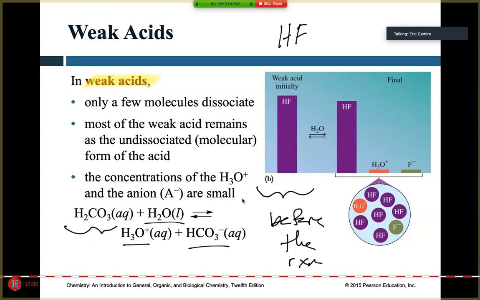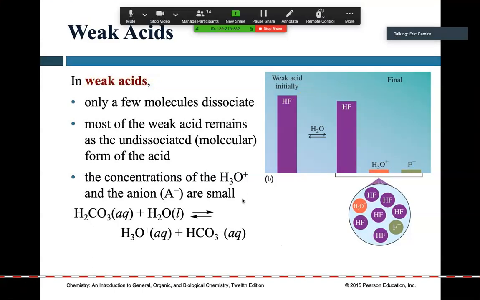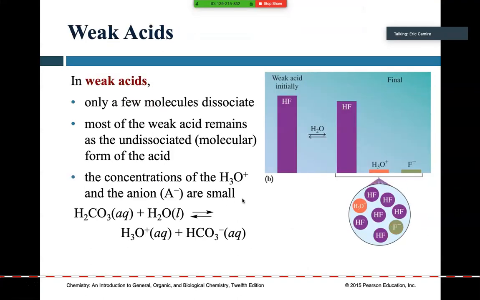But when I allow it to dissociate, actually only a little bit of that HF has been consumed. So if we get rid of that highlighter, you can see the small difference. Some of it has been converted into hydronium and fluoride. This is what makes it weak. So that's a really good visual representation of the difference between a weak acid and, if we go back a slide, a strong acid, where everything gets converted into products.